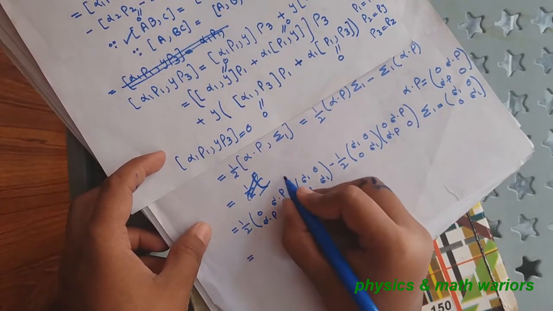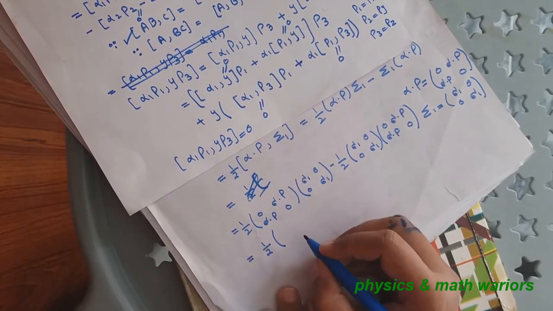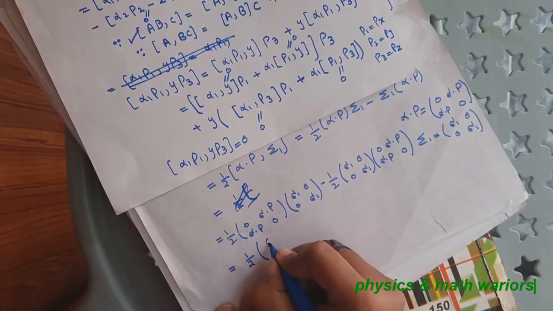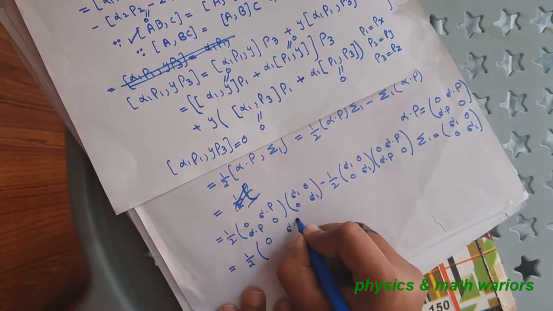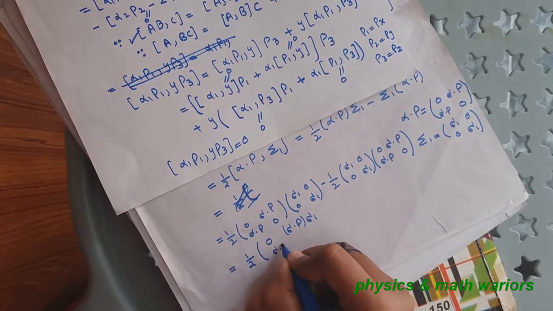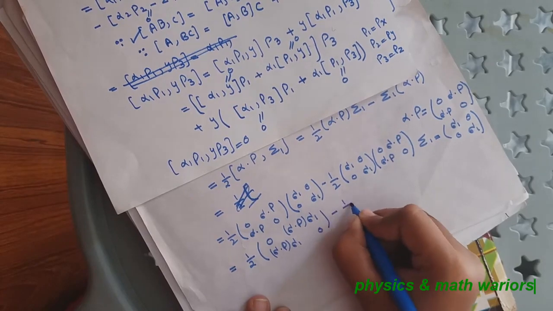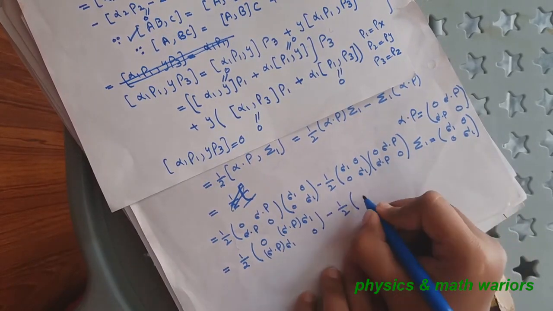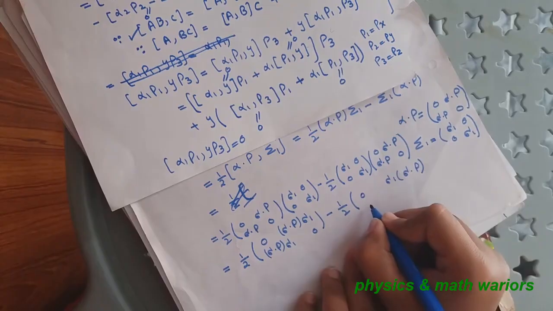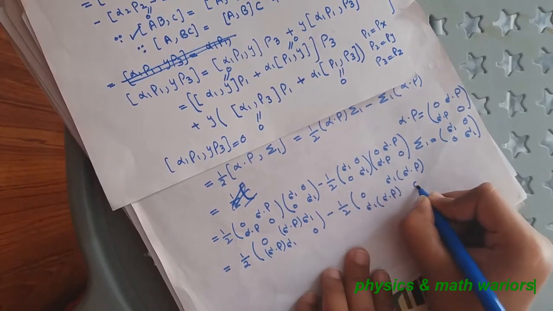Now we will multiply these two matrices, which gives 1/2 (0, sigma dot P sigma 1; sigma dot P sigma 1, 0) minus 1/2 (0, sigma 1 sigma dot P; sigma 1 sigma dot P, 0).